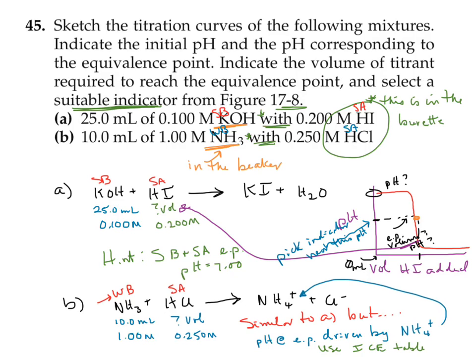So this is where you need to figure out the molarity of that, and recognize that NH4+ now is its own little weak acid. Isn't it adorable? And here is the equilibrium for it behaving as a weak acid. Remember that there's no Ka for NH4+, there is a Kb for NH3.